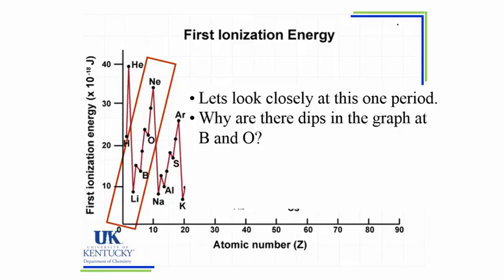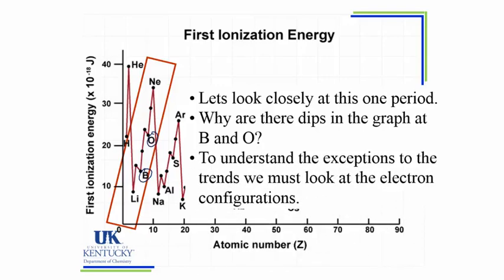We didn't see those dips in terms of the atomic radius. They got smaller and smaller as we went across. And what these dips are saying is, yes, it requires energy to remove my electron, but it's less than you would expect. They're kind of on sale, a little cheaper than what you would expect. Now, why would that be?